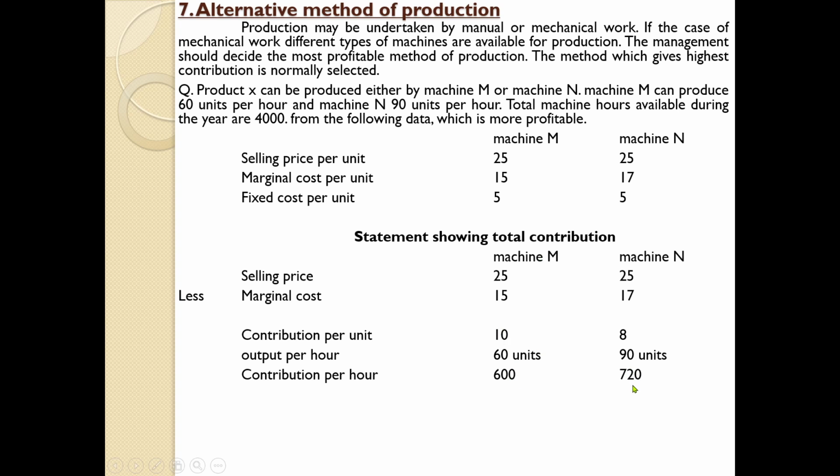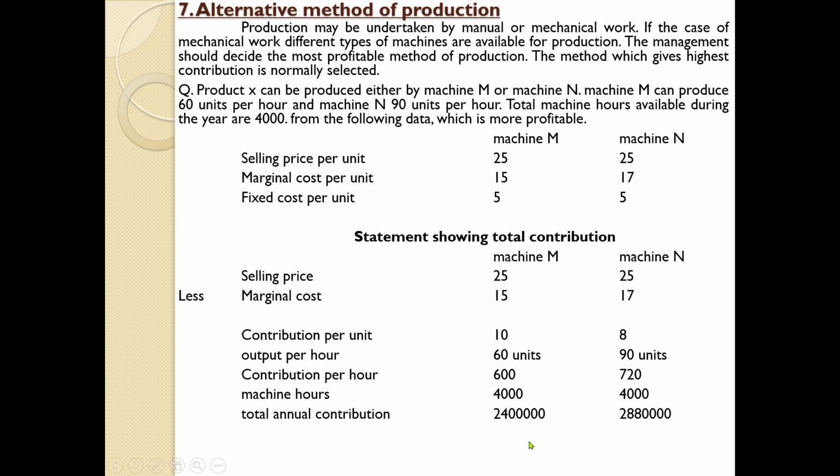Similarly for N it will be 720. The total machine hours available during the year is 4,000, so the total contribution will be 600 into 4,000 and 720 into 4,000.